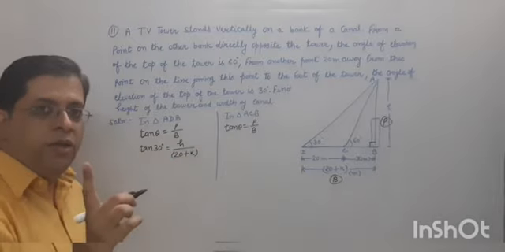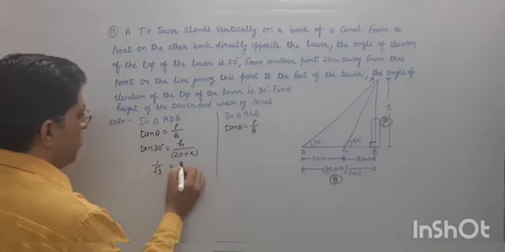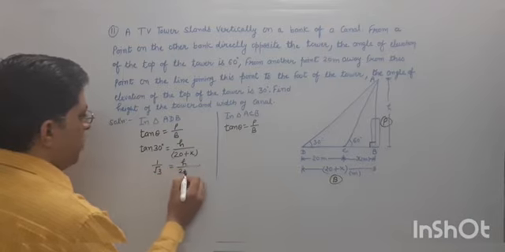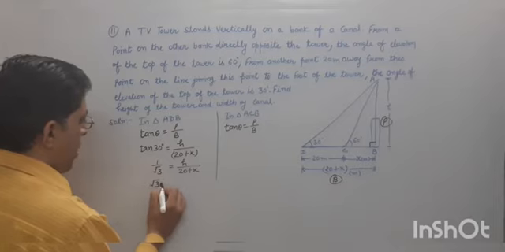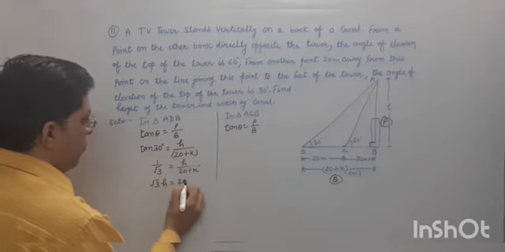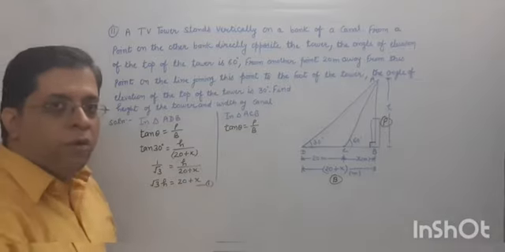Tan 30 is clearly 1 upon root 3, so 1 upon root 3 is equal to h upon 20 plus x. Then by cross multiplication, root 3 h is equal to 20 plus x. This is the first equation.